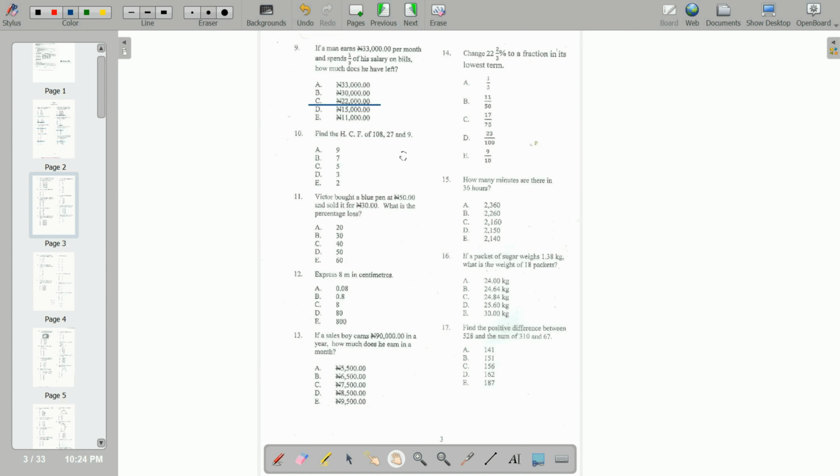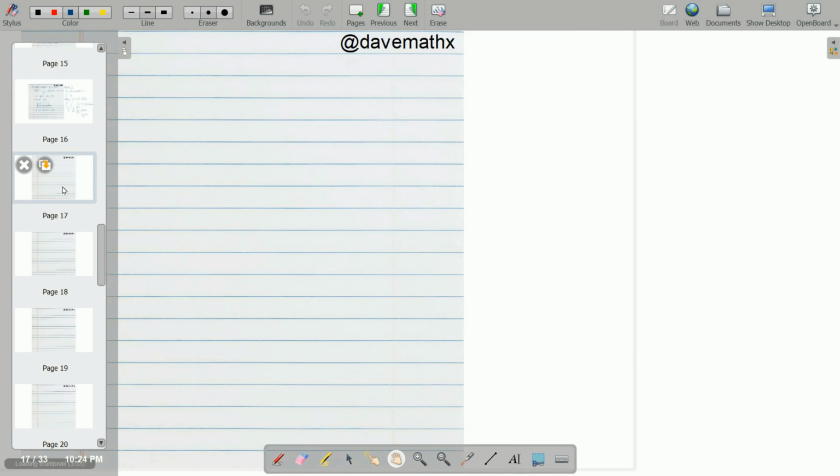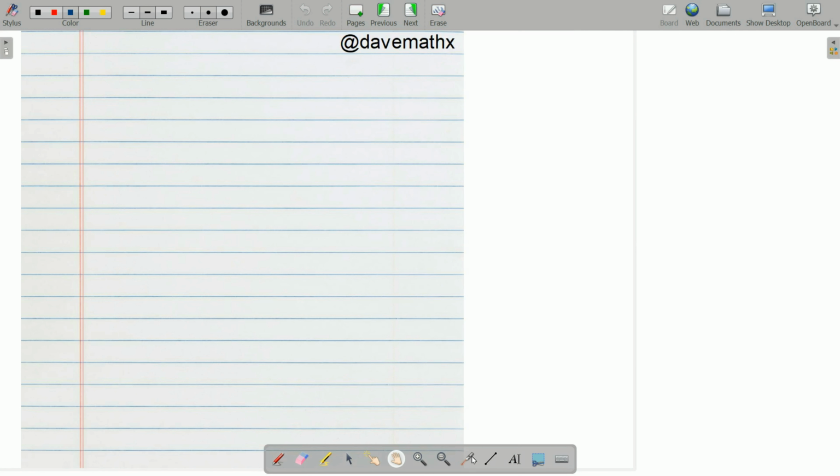We're to find the highest common factor of 108, 27, and 9. To find the HCF, I will draw a line to separate the numbers.